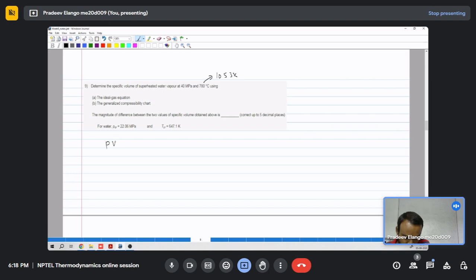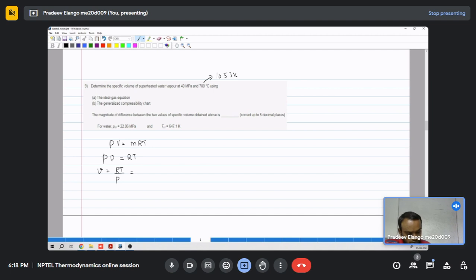Using the ideal gas equation, we know PV equals RT. We want to find the specific volume, so it is PV equal to mRT. So P into specific volume becomes RT. Now we want to calculate v equal to RT by pressure.